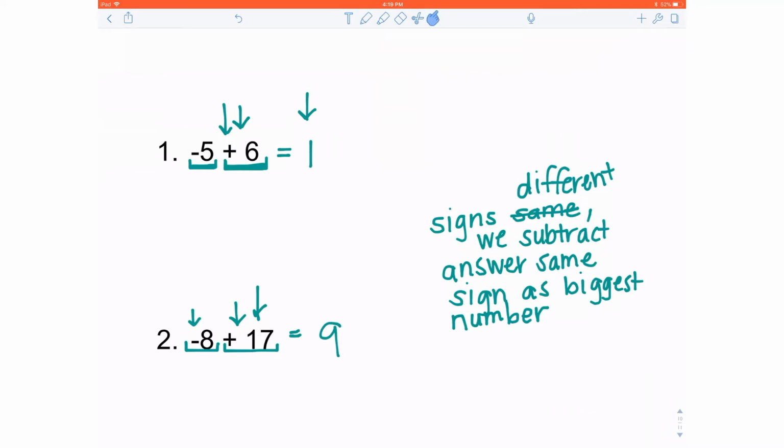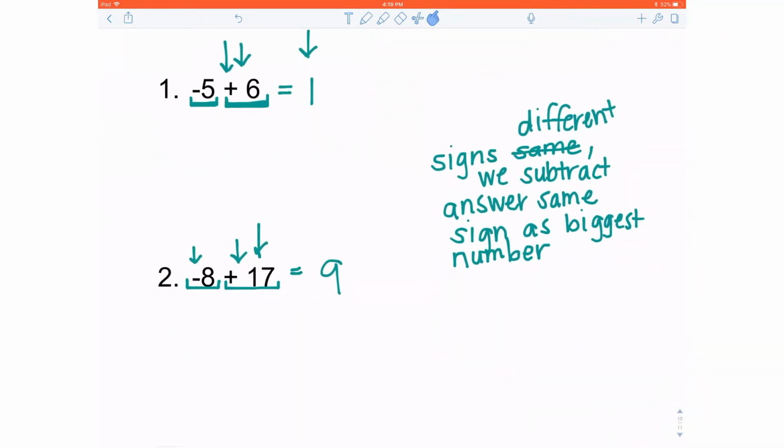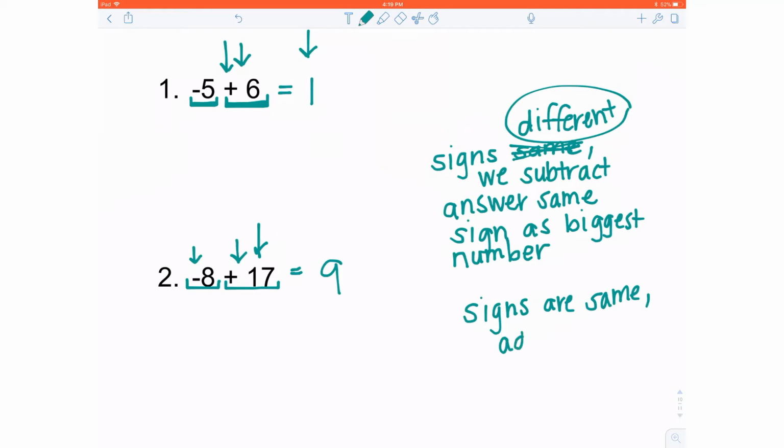Okay? Now, what if the signs are the same? So, this was wrong. We're talking about different signs here. But if the signs are the same, then we add them and keep the same sign. Let's take a look.